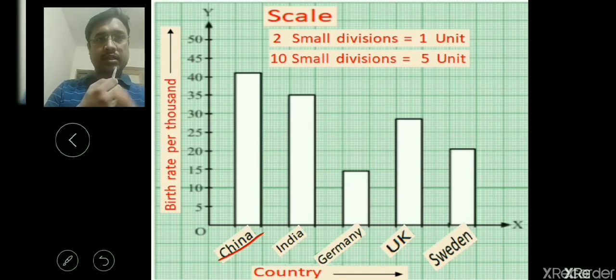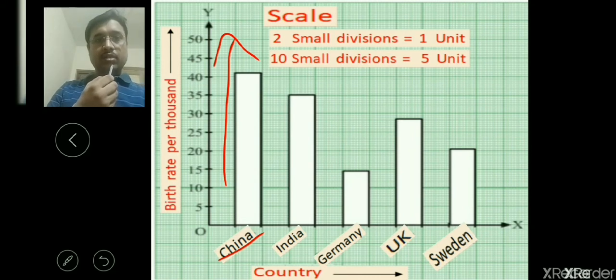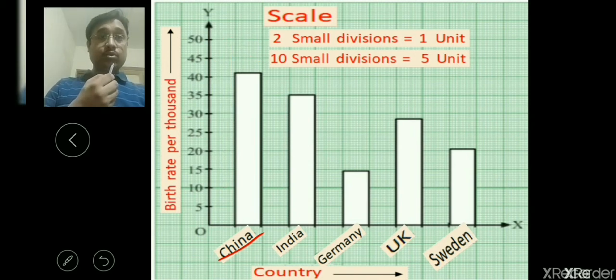The numerical value is shown on the y-axis: 5, 10, 15. Parallel to the y-axis on the left side it is written birth rate per thousand. So 5 means a birth rate of 5 per thousand, similarly 10 per thousand.